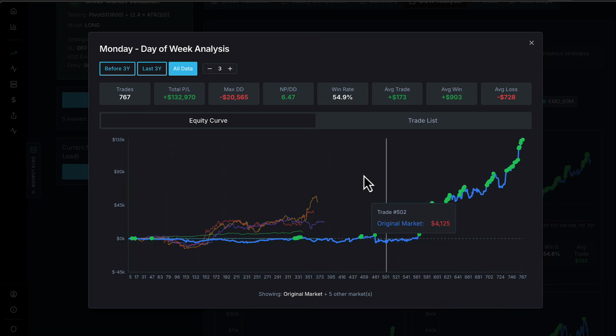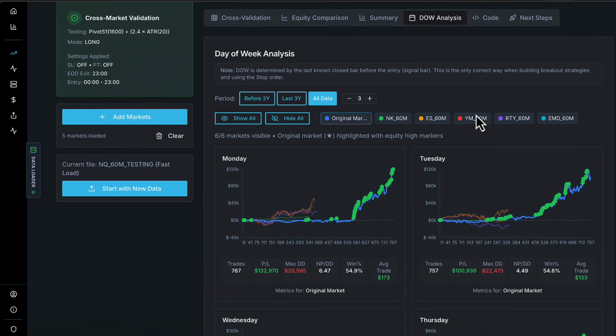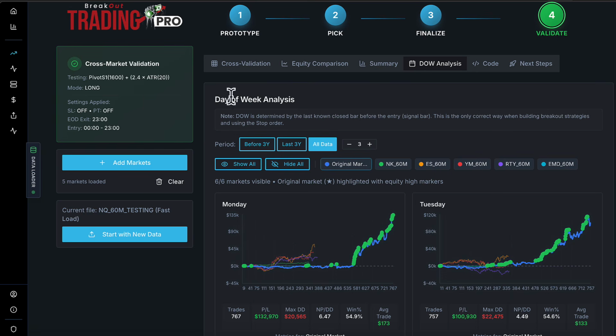We have a very good cross-validation here on all of them. I mean, super interesting pivot point foundational model, definitely tradable, definitely passes a lot of robustness testing criteria. I think you can use this one. You can add your own filter, trade it on Monday or Monday and Tuesday and have a very nice strategy.